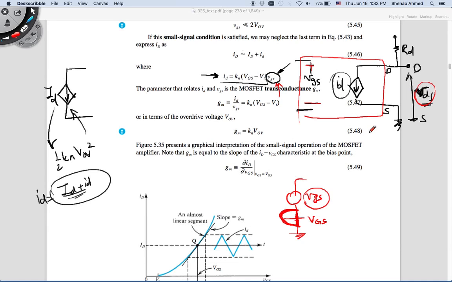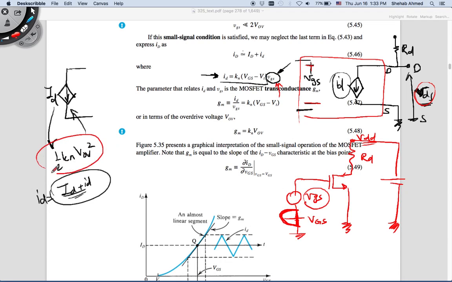But there are two things at the output that have to be taken into consideration. When you're applying superposition, all sources that are not used to calculate a specific output voltage need to be shorted, right? You need to look at the effect of every source at a time. So this was my MOSFET, this was my ground, this was my resistor RD, this was VDD before, that was used to calculate your DC operating point. This is a source, VDC, this is like having a battery here, right? This DC source had an effect on the DC operating point that you've calculated here using this current.